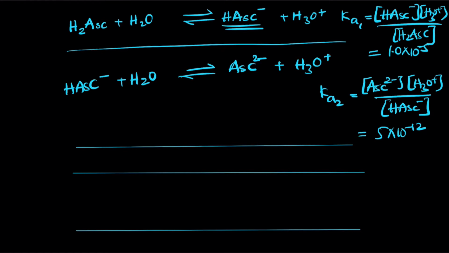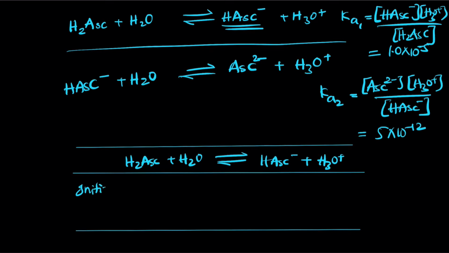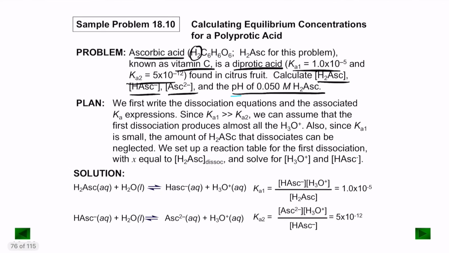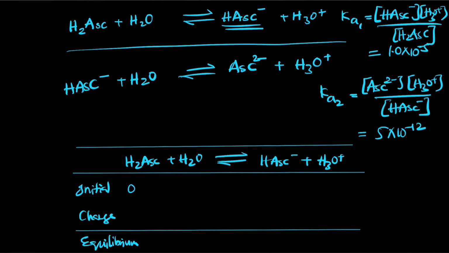You have H2ASC plus H2O gives HASC minus plus H3O plus. So you have initial, change, and equilibrium. The initial concentration is 0.050 M, and this is 0 and 0.